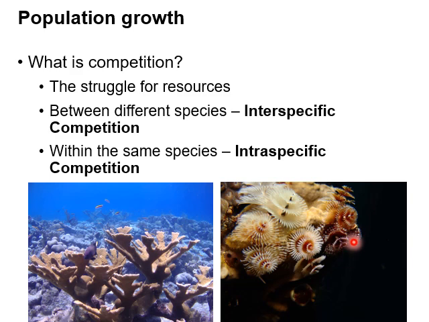What you see here is a bunch of Christmas tree worms, and they are also competing for space on the seafloor where they can live. But because all of these Christmas tree worms are the same species, this is known as intraspecific competition, with an A in the middle of it. So interspecific is between different species, intraspecific is within the same species.